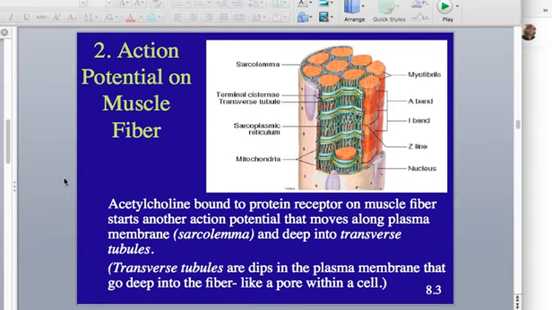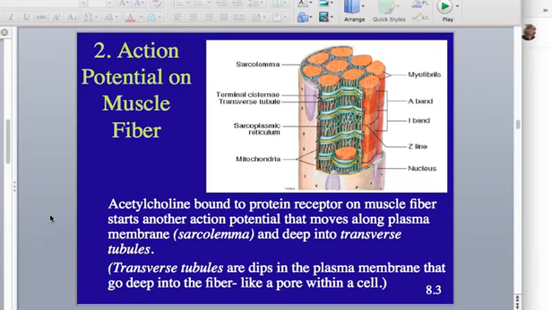It just basically causes an electrical change in the entire muscle fiber as far as it can go. Which means you only really need one neuron to touch one muscle to cause an action, which is good because remember, there are millions of these sarcomeres and you want them all to contract at the same time. So basically what acetylcholine does is say, hey, everybody wake up, pay attention, something's happening.